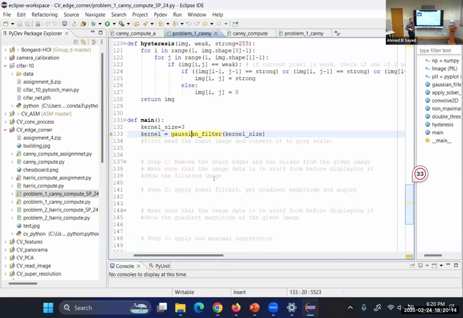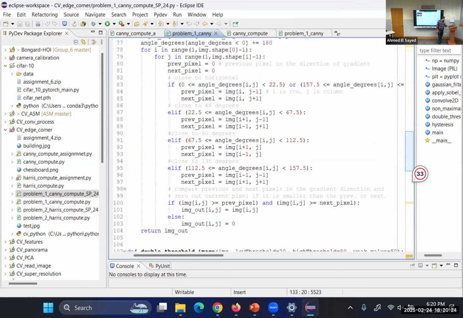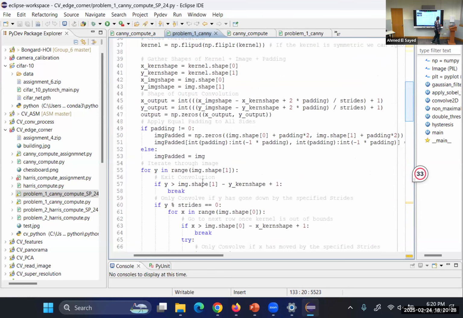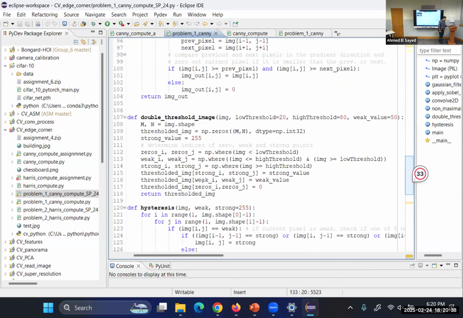We are not working here on RGB. The image must be grayscale. Okay? How do we apply this Gaussian filter? Again, it's the convolution process that we used before. Remember this convolution process that you did in a previous assignment? So it should be the same one. Okay?